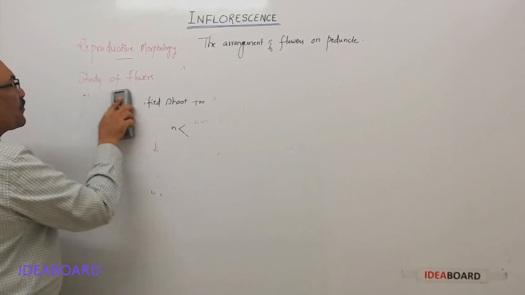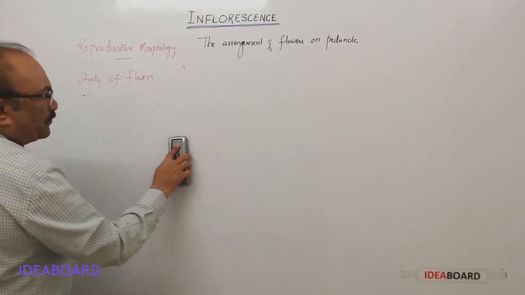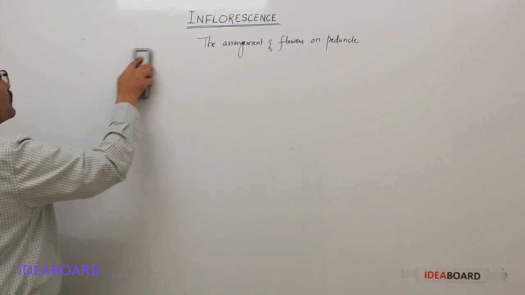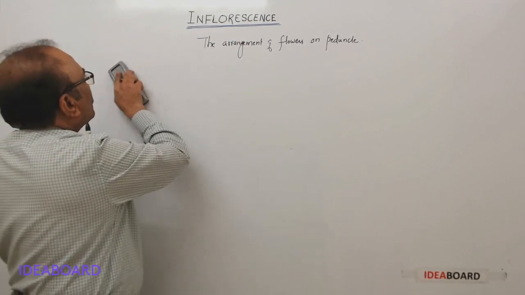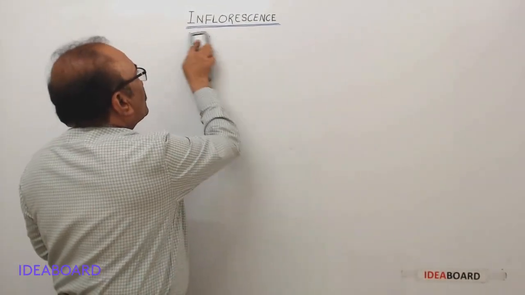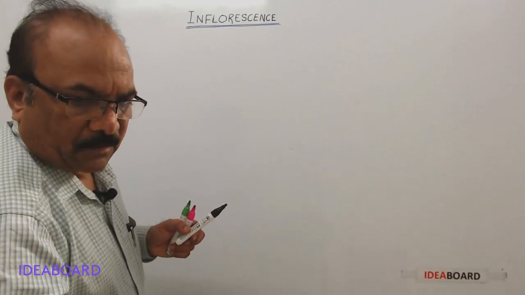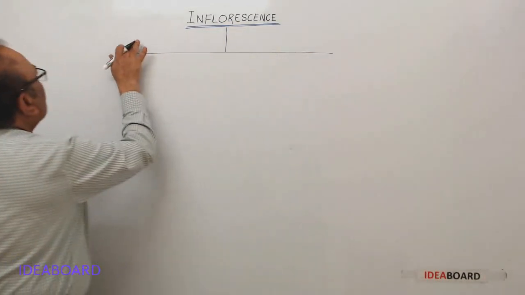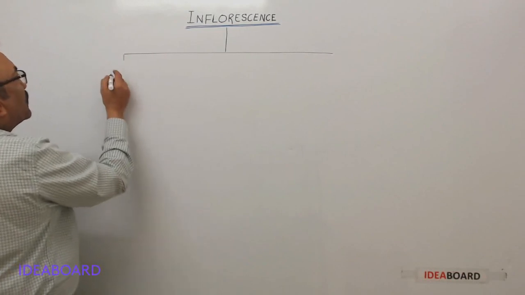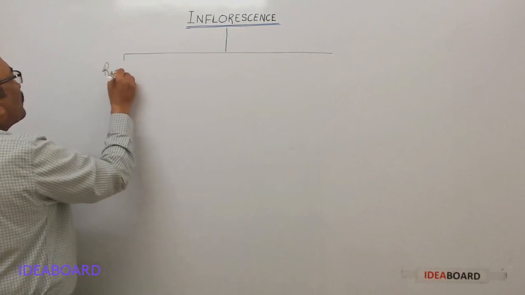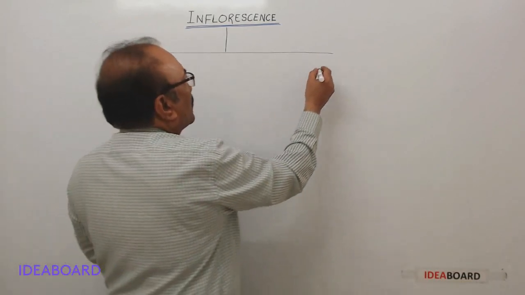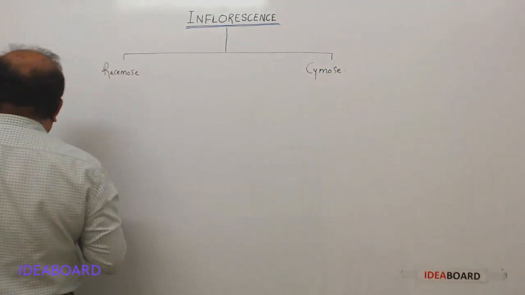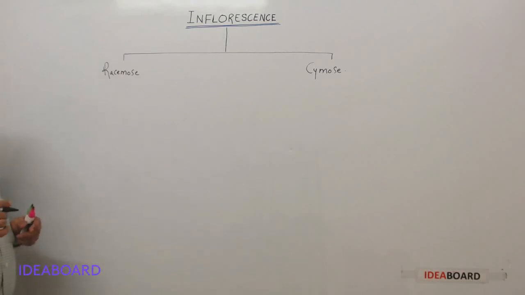Basically, we come across two types of inflorescences: one is racemose inflorescence, and the other one is cymose inflorescence.